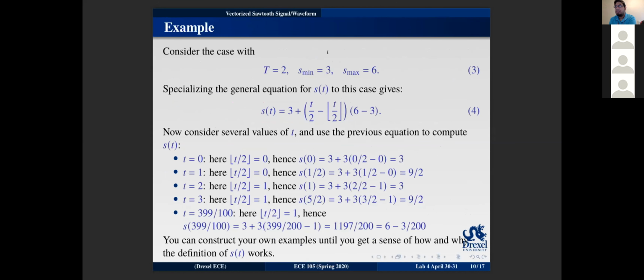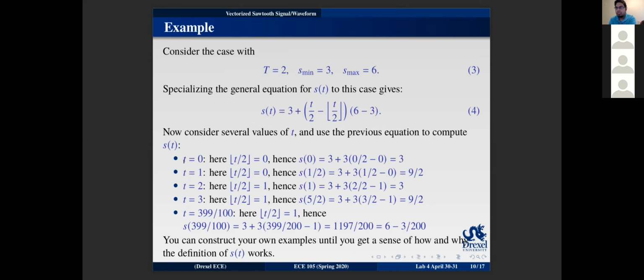Here's an example. Let's say we have the time period T equal to 2, minimum value of signal 3, maximum value of signal 6. The generalized equation, after replacing S min, is now 3 plus t over 2 minus floor of t over 2, times 6 minus 3, that's a 3. Basically what we are doing is we're taking different instances of time.